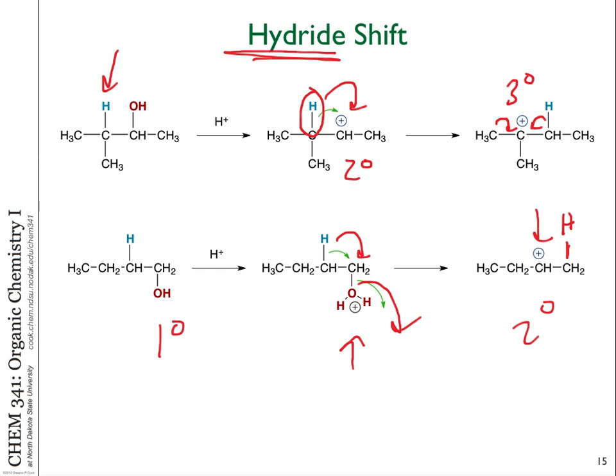So this is one of the complicating features of this process, that rearrangements can happen whenever we're talking about positively charged species like this. Okay, but for the most part, it happens very readily when you form carbocation intermediates, secondary rearranging to become tertiary.